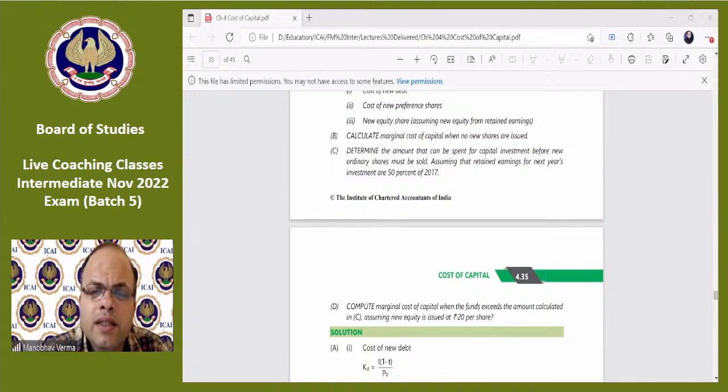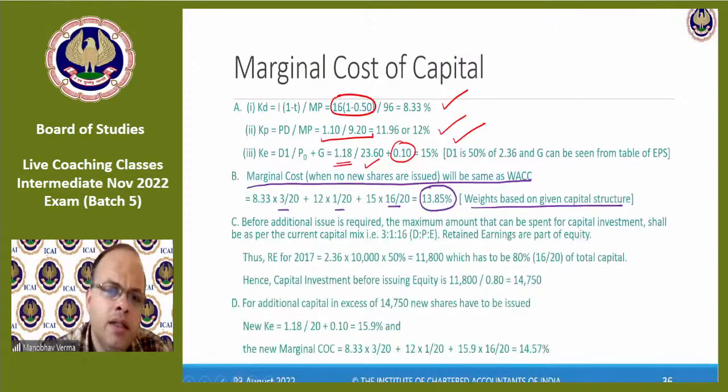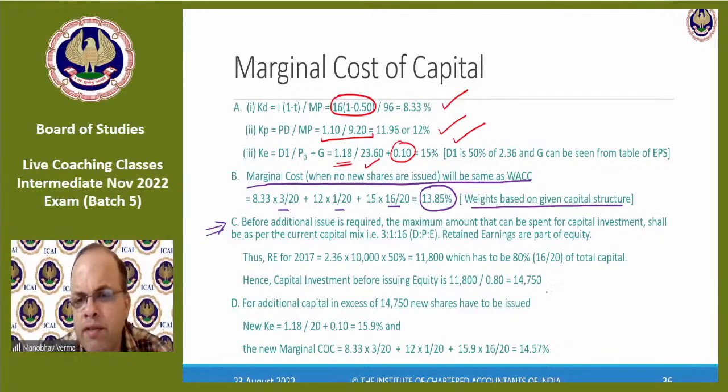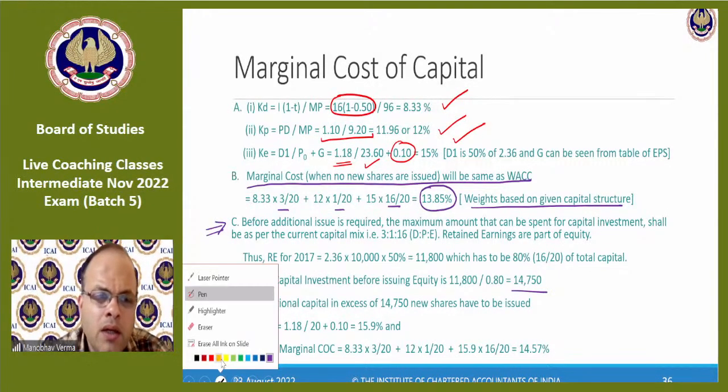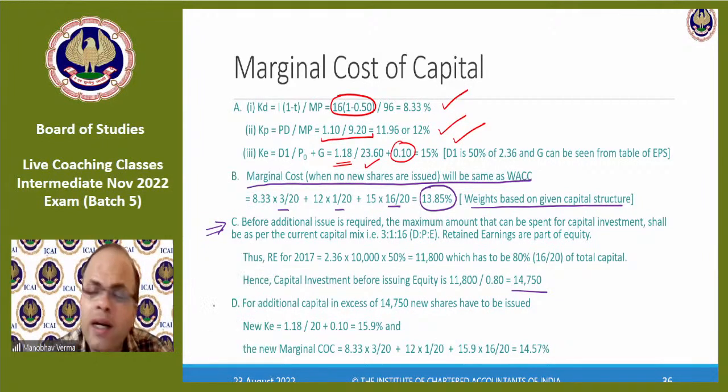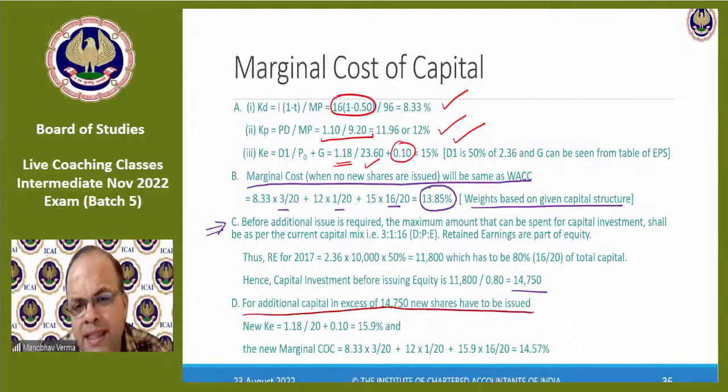So let us look at this. I'm going to the PPT back. So we are all sorted with option number C. We calculated 14,750. That was all said and done. But coming back to our point, for additional capital in excess of 14,750, that means just one thing: new shares have to be issued.